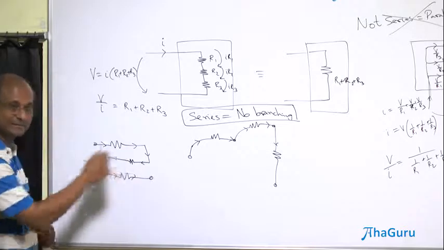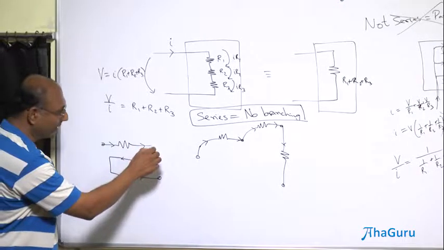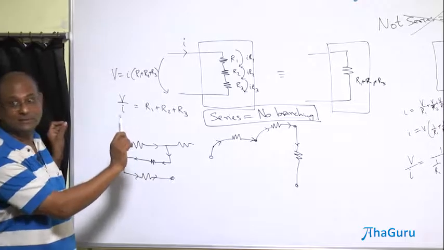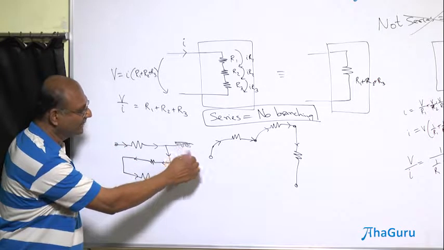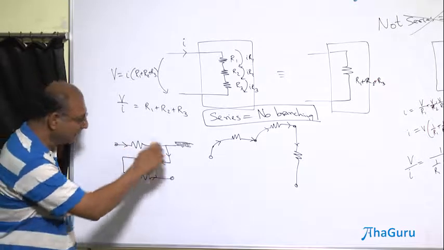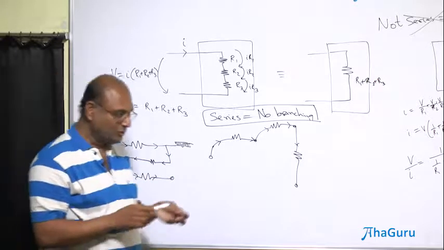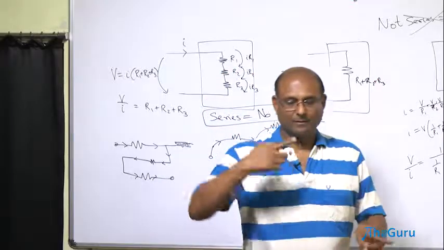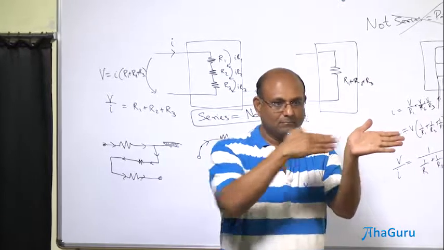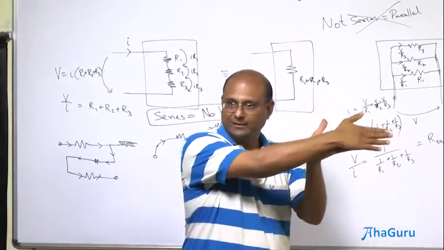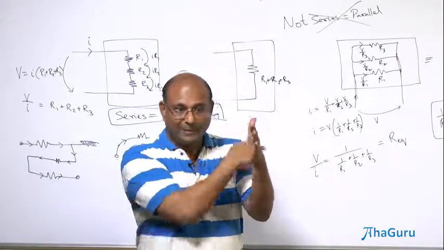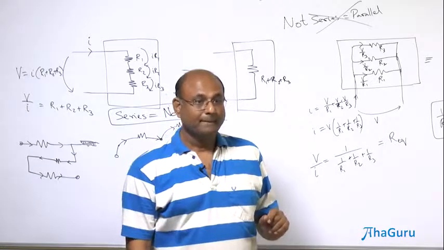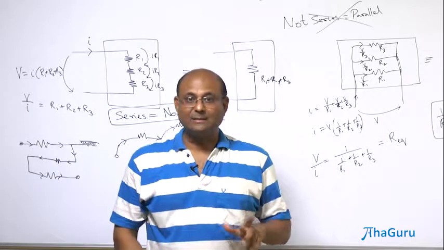It could look like this. But if I put one more resistance there, now it is not series. Is that understood? Unless you can say that that is not going anywhere, let's remove it, in which case it has become series again. So to be series, it doesn't have to look straight, but no branching. Okay. Parallel doesn't mean branching.